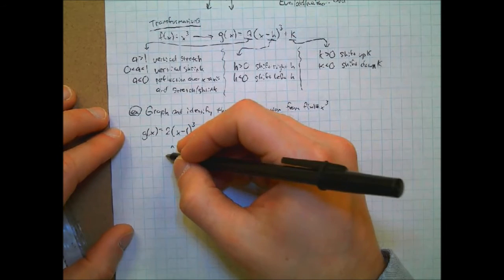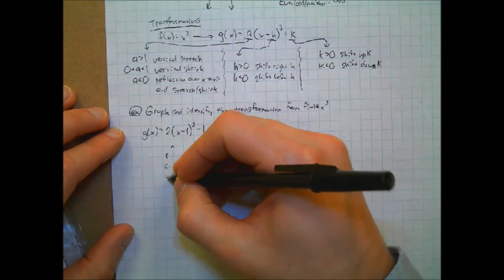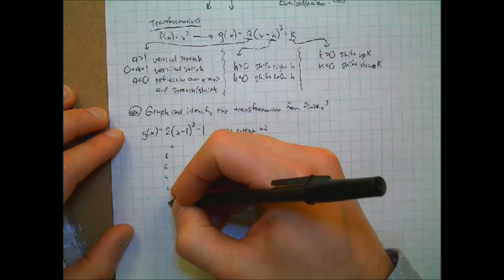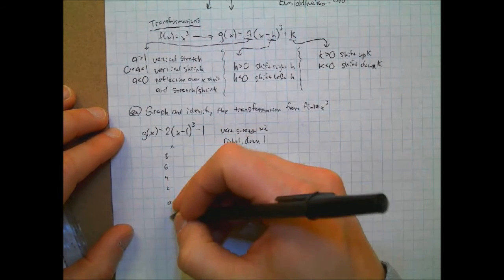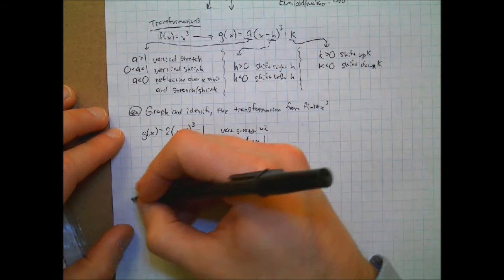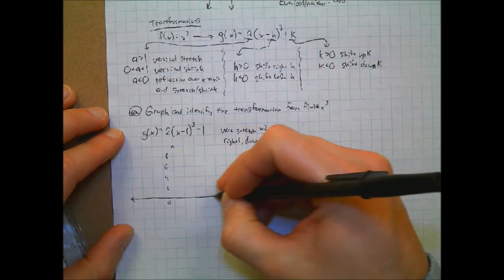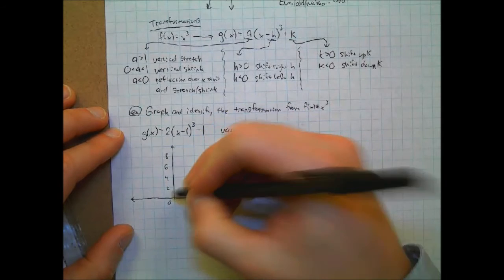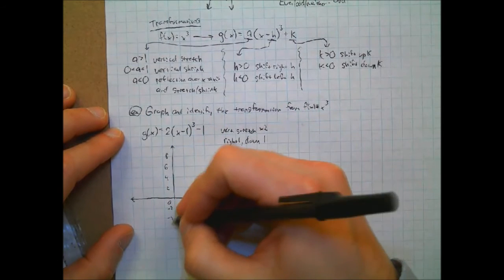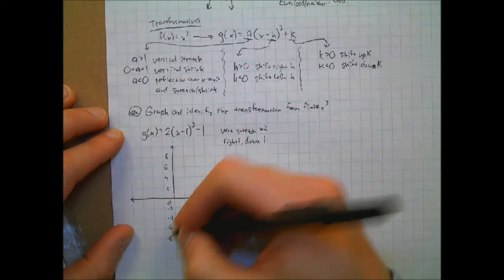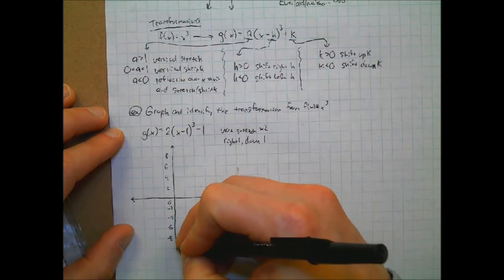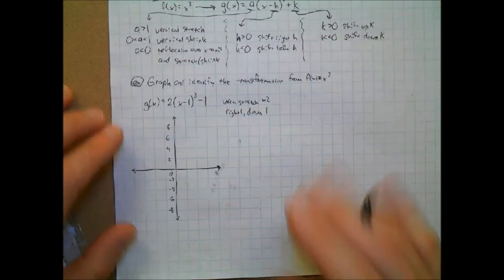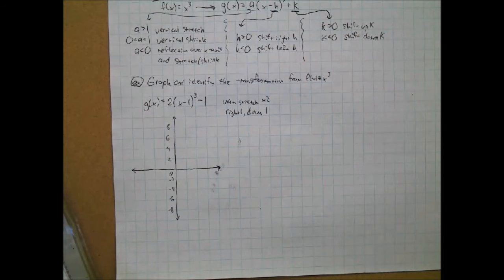So let's see, 8, 6, 4, 2, and we'll say that's 0. And then -2, -4, -6, -8. So again, I'm going to count by 2s on my y-axis just because it makes it a little bit easier. If you want to count by 1s, that's up to you. I don't know if that'll fit. So that is the catch.